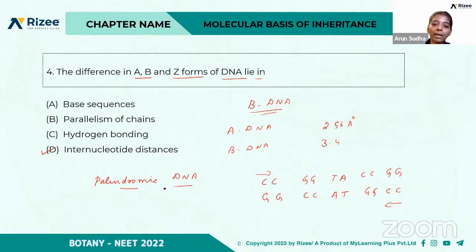That is the palindromic DNA. Palindrome means generally when you read from front to back or from back to front, it will be the same, right? So this is the palindromic DNA.